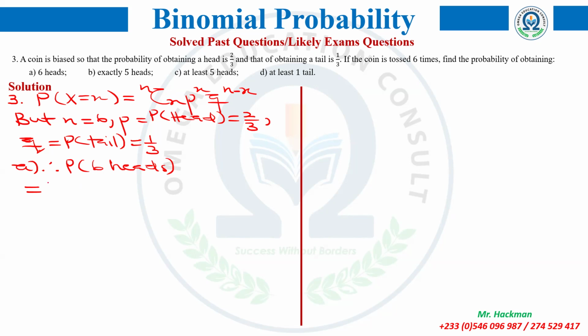P into bracket. Remember, I told you don't say P into brackets. Probability of x is equal to 6, equal to 6 combination 6.